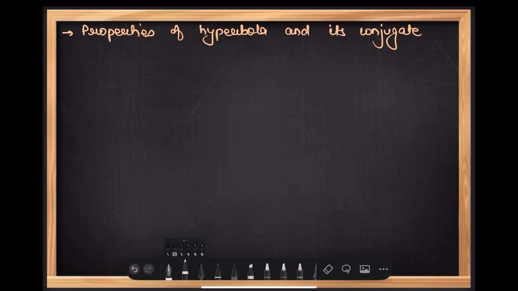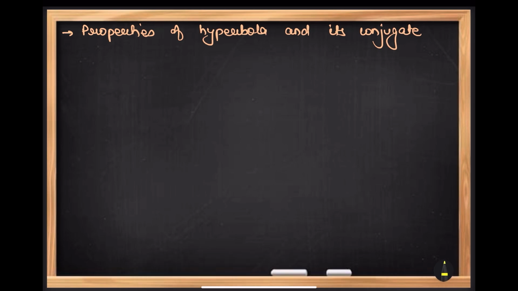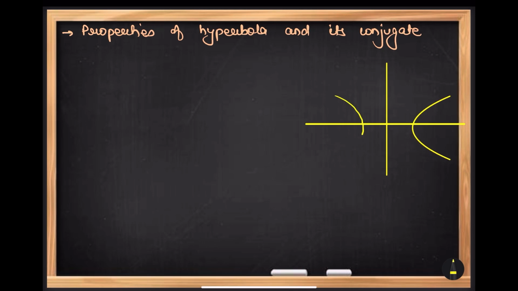Okay, now look at the first point. Suppose this is x-axis and y-axis, so you know that there will be hyperbola. This is your horizontal hyperbola, this is your vertical hyperbola, meaning the conjugate hyperbola.